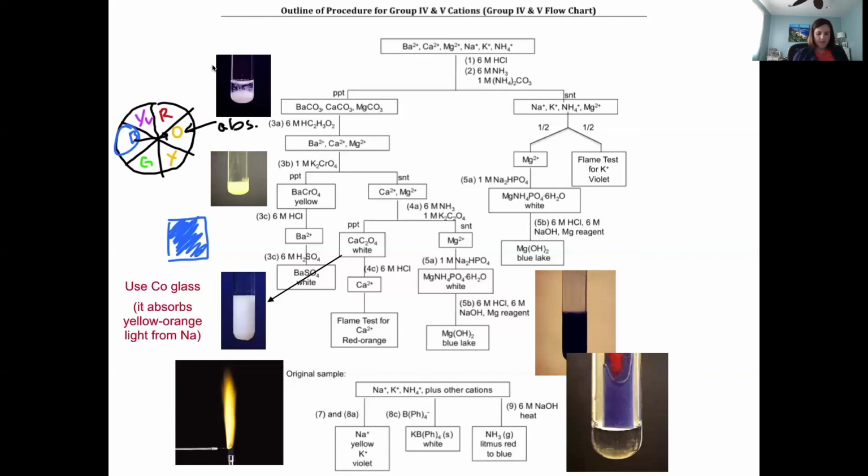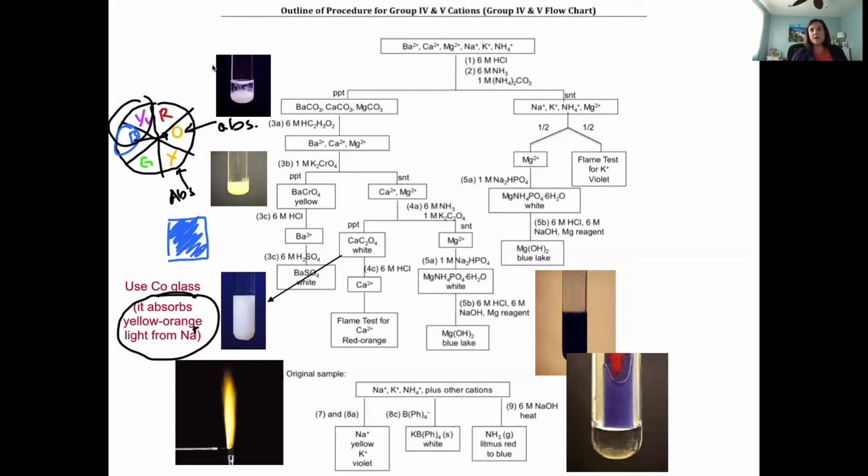The cobalt glass is actually kind of a bluish violet, so it's kind of both of these colors, a mixture of blue, indigo, violet. So both yellow and orange are being absorbed. So the cobalt glass absorbs the yellow-orange light from the sodium ion that could also be present, right?